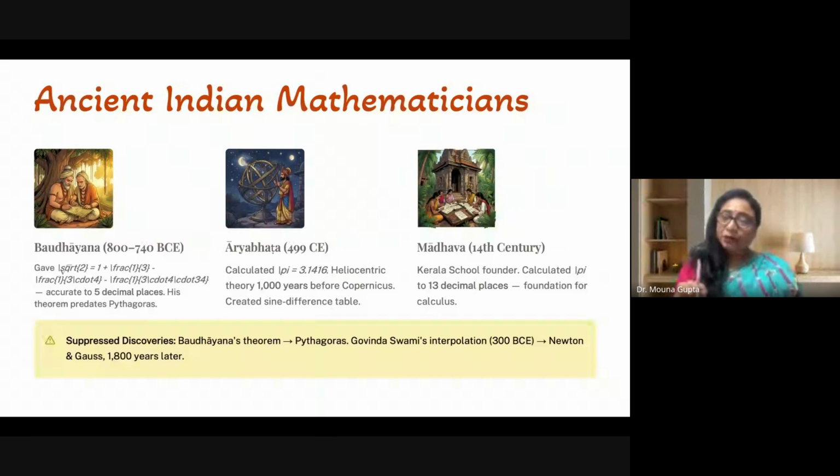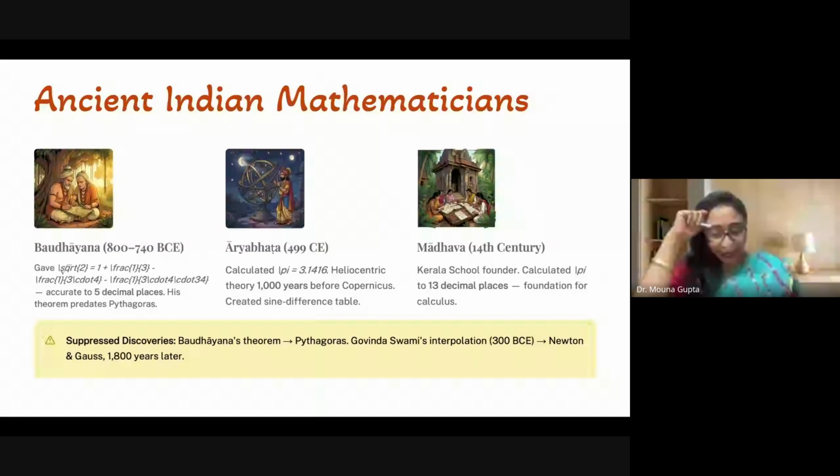Have we heard about the number root 2, which we know as an irrational number? We all heard about root 2 in high school. But let's go back about 3,000 years to when Bodhayana was there.